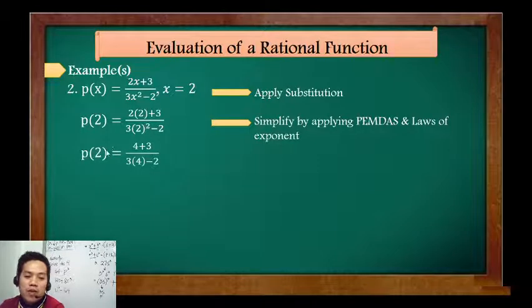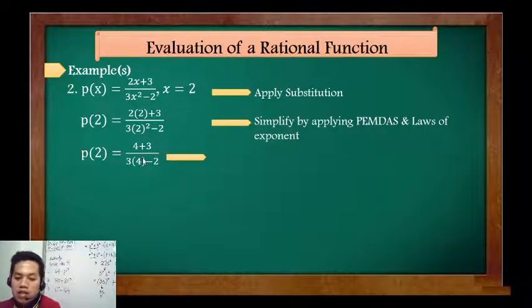So p of 2 is equal to 4 plus 3, where 4 is taken from 2 times 2, over 2 to the power of 2. Based from the laws of exponent, 2 to the power of 2 can be expressed as 2 times 2, so we have 4 here.